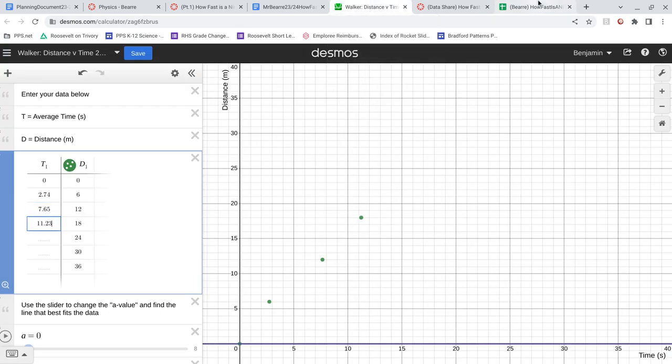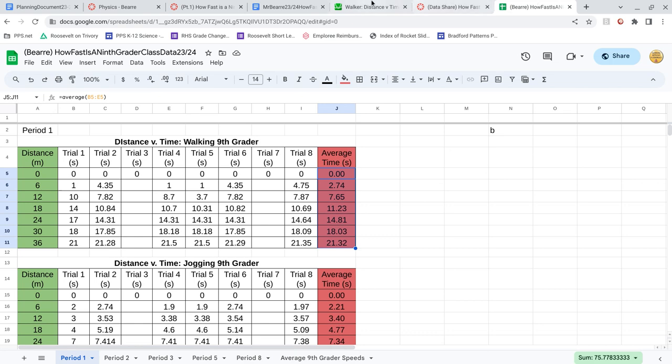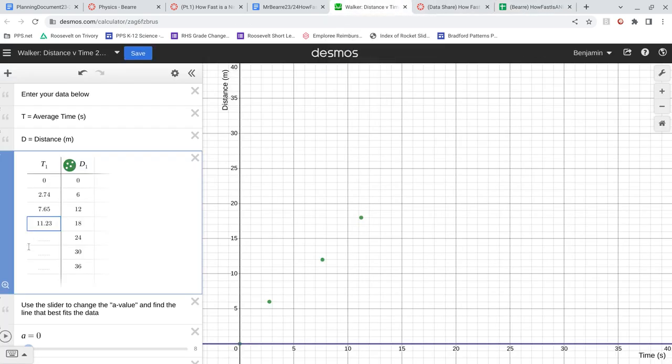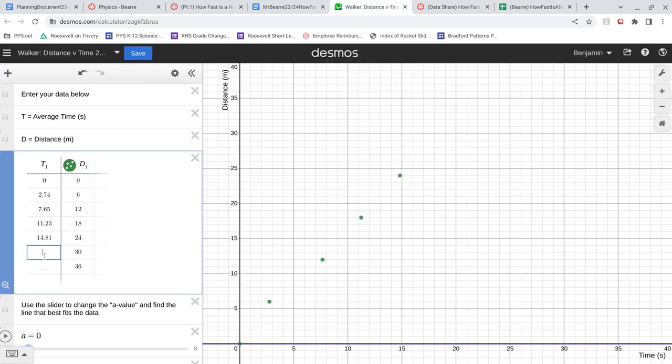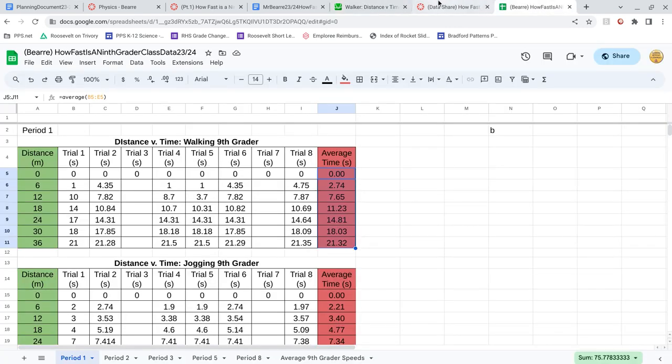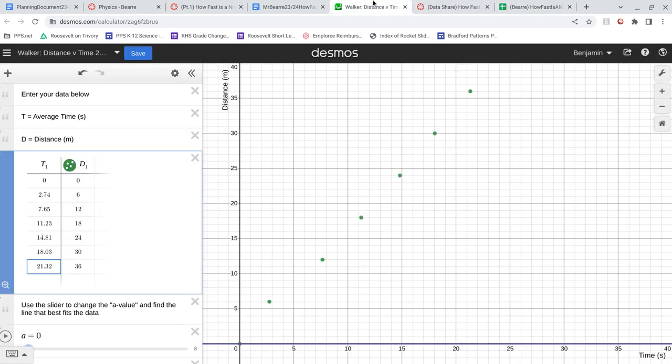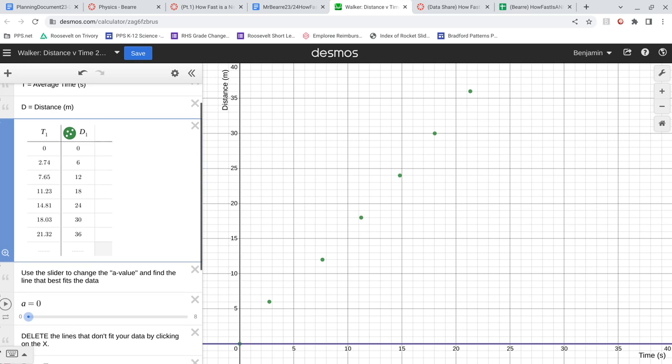So you're gonna have to switch back and forth on your tabs a lot. Get used to that. 14.81. Your next plot point is 18.03, and I believe this one was 21.32.